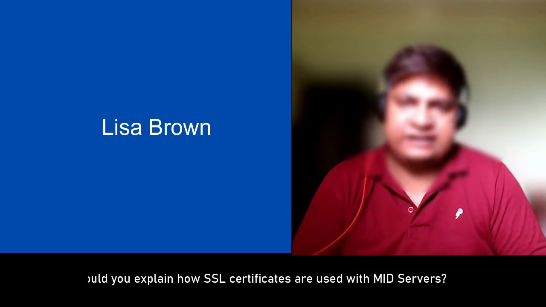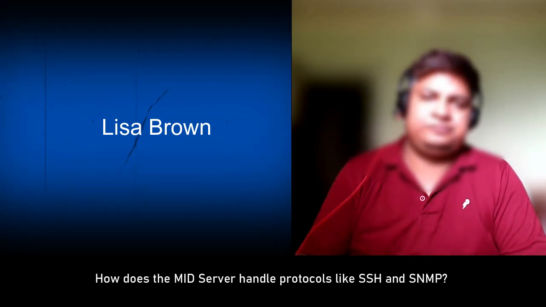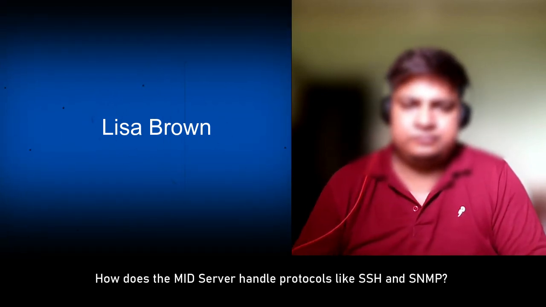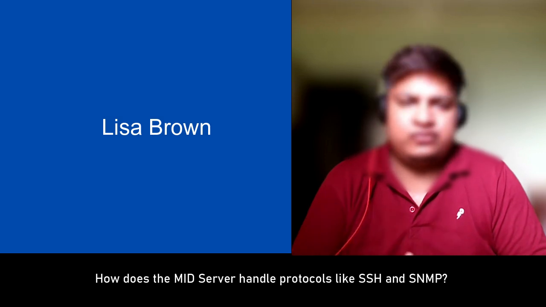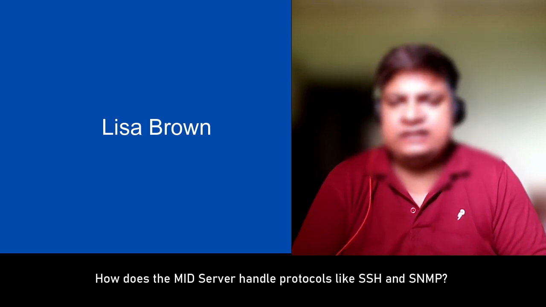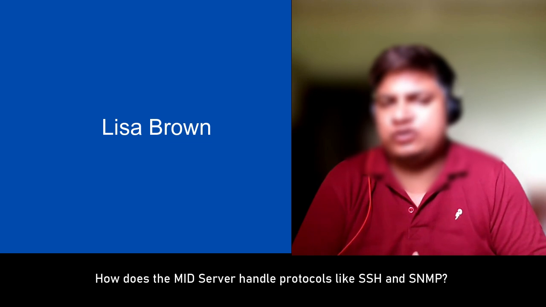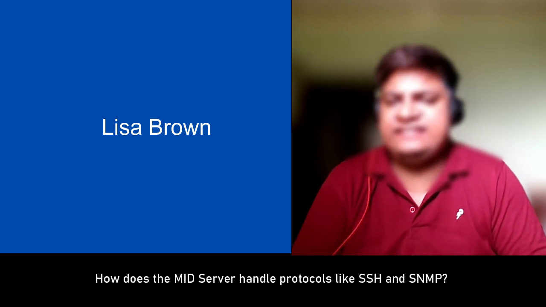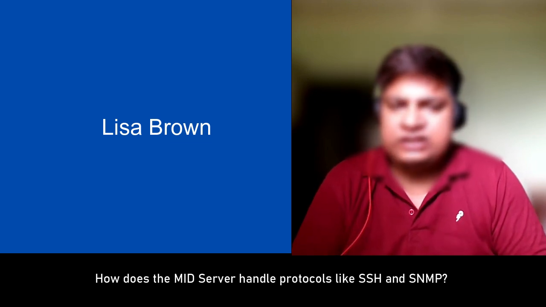And when it comes to discovering devices on a network, how does the MID server handle protocols like SSH and SNMP? So for Unix-based machines, the MID server uses the SSH protocol to secure and exchange data over the encrypted channel, usually on port 22.